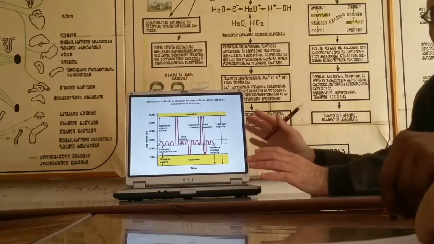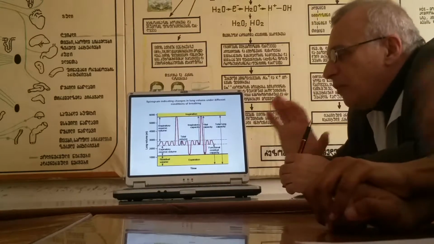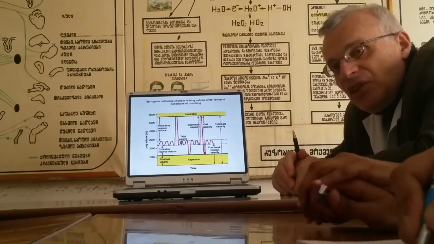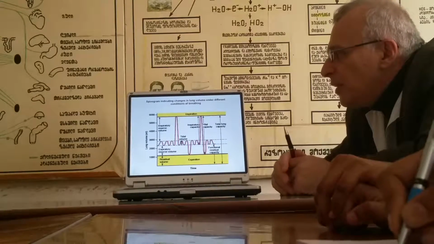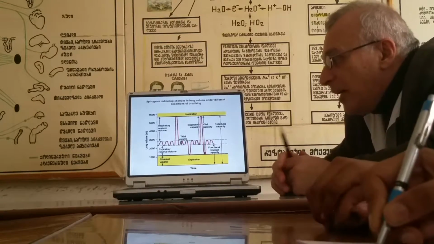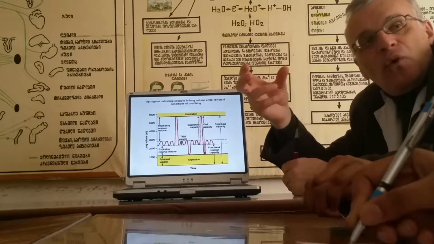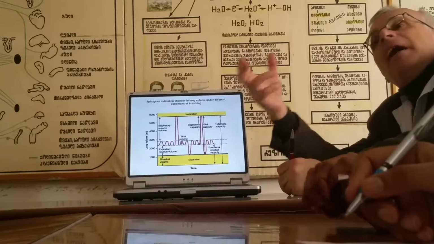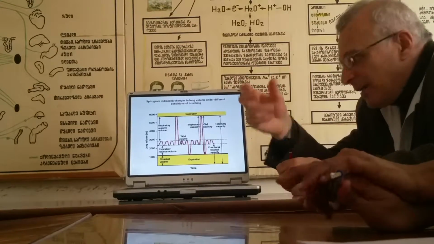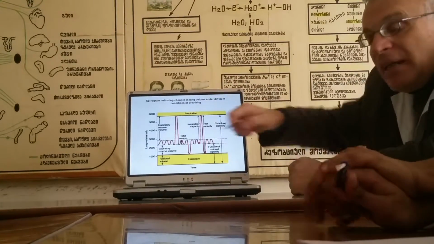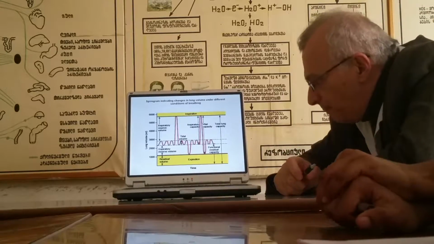Now this is one of the main pictures of the physiology of respiration. It's called a spirogram. It shows how many milliliters of air we can inspire and expire normally, like when you are sitting now.